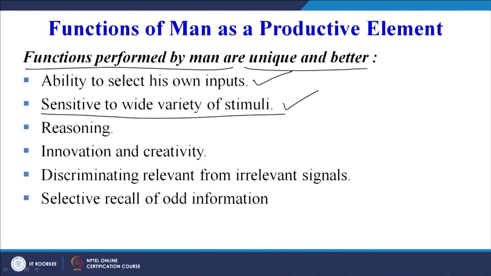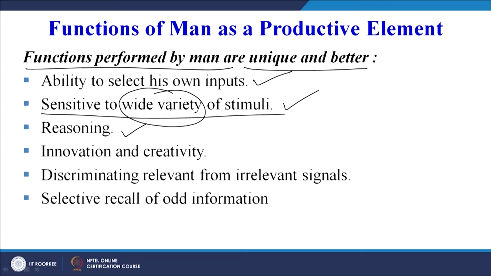So, we are naturally developed to adapt to different types of stimuli, whereas the automatic systems will have to be developed so that they react to a particular type of stimuli. So man as a productive element is sensitive to a wide variety. So this is important, a wide variety of stimuli.